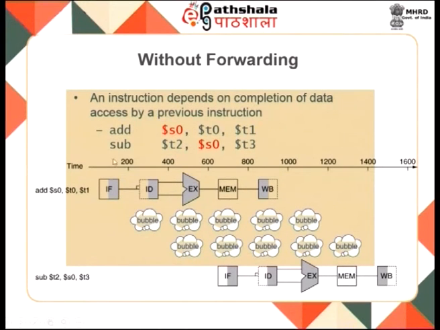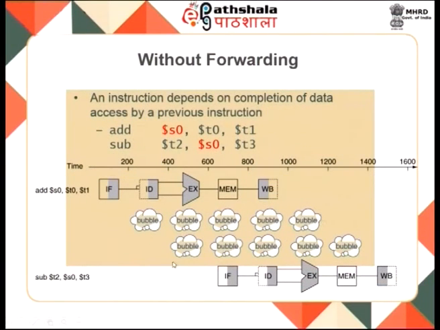Now, without forwarding, what will happen when you have an add and a dependent sub? If you do not have this technique of forwarding, then this is your add instruction and you can't allow your subsequent instruction to proceed. You will have to introduce bubbles in your pipeline. So, one stall is generated here, another stall is generated here, and only then you go in for the next instruction.